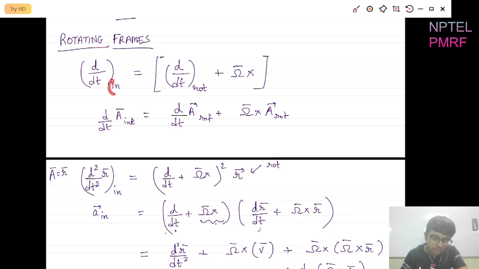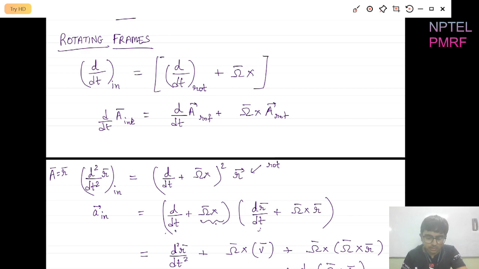So we have one inertial frame, which is the frame in which Newton's laws hold. So F is equal to ma is valid only when the frame is inertial. And obviously a rotating frame, that is a frame that is rotating with respect to some inertial axis, is not inertial. So variation in time in the inertial axis is different from that in the rotating frame, and the relation is: d by dt in the inertial frame is equal to d by dt in the rotating frame plus omega cross.